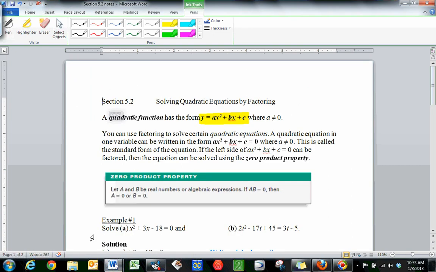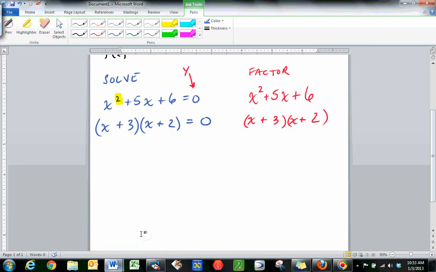If we look in the notes, we have something called the zero product property, which basically says if you have any two terms that are being multiplied together and they equal 0, then you can break those two terms apart and set each one of them equal to 0. So that's what I'm going to do on my example here.